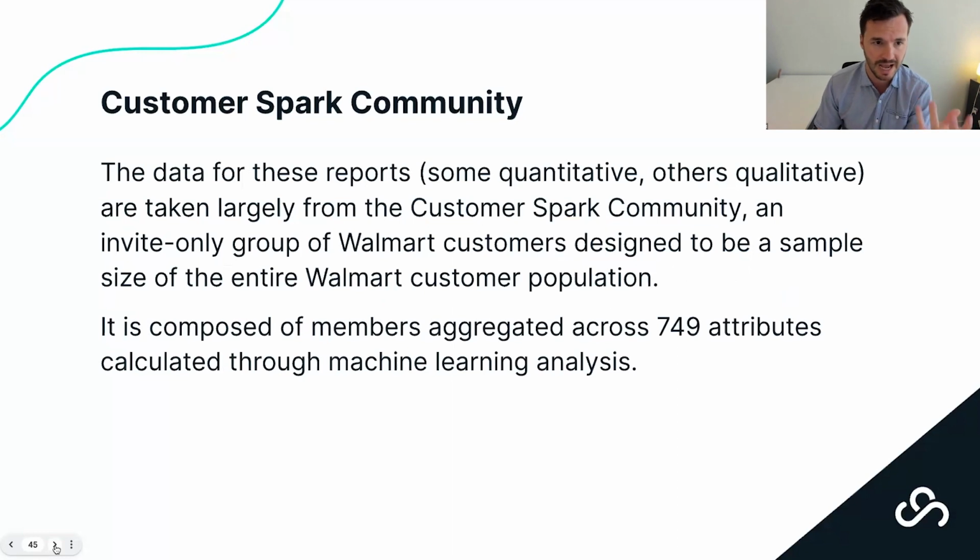So how do you actually aggregate this data? How do you actually communicate it? So this is a very good description, I think, in some of their help docs. Very specific information that they're sharing with us about how they aggregate this data. Well, they have this customer Spark community, and it is an invite-only group of Walmart customers designed to be a sample size of the entire Walmart customer population.